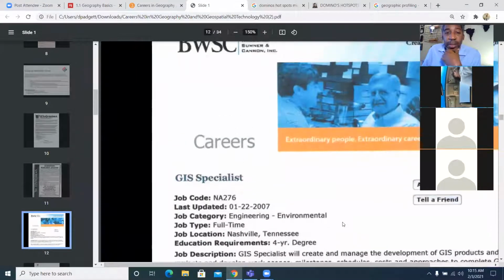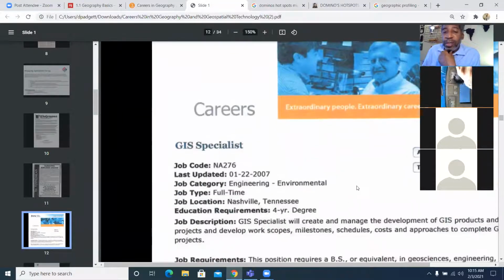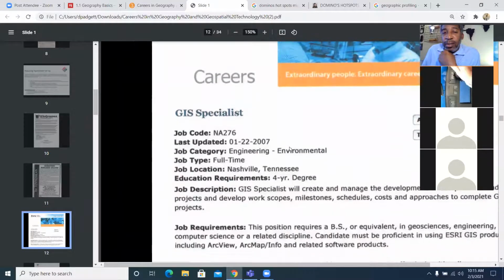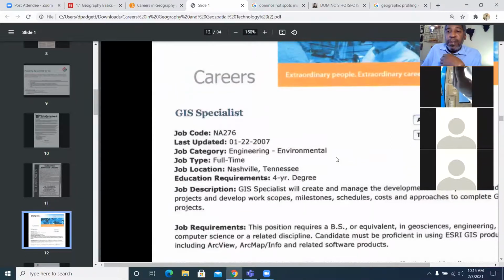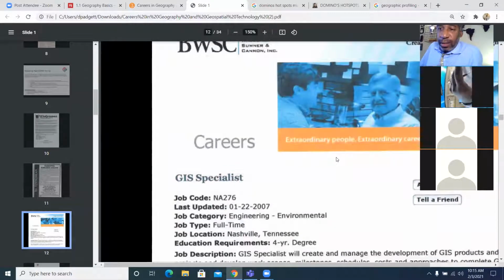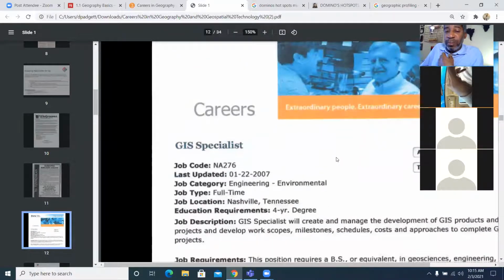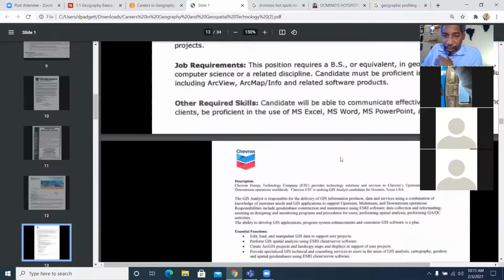So here is engineering. Barge, Wagoner, Sumner, and Cannon is one of the largest engineering firms in Nashville. And here they're advertising for GIS specialists. So if you are a civil engineer or architectural engineer or an environmental engineer, it is absolutely necessary that you have some level of exposure to this technology, GIS. I mean, there are so many opportunities out there.